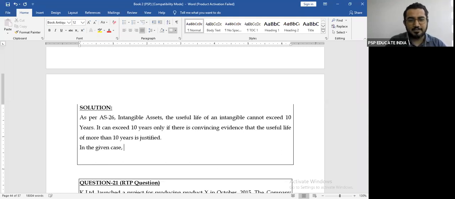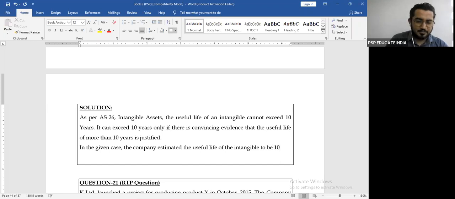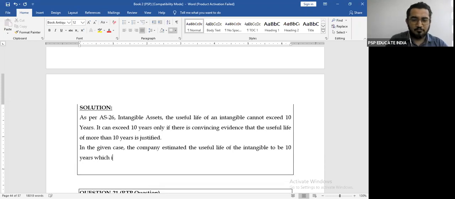In the given case, the company estimates the useful life of the intangible to be 10 years, which is within the limits of AS-26.